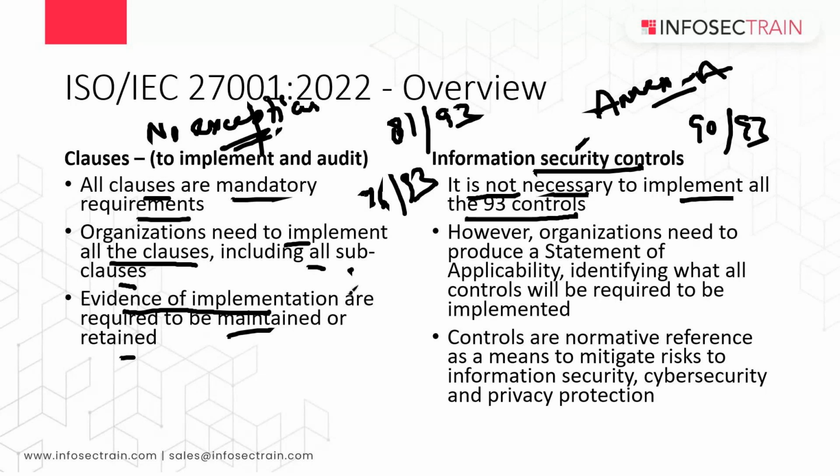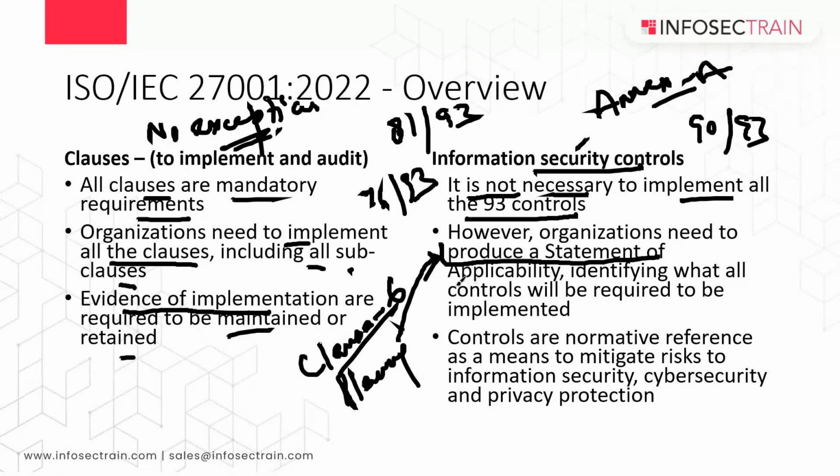What is required of the organizations in one of the clauses, clause 6, the clause for planning, is that the organization should produce a statement of applicability, commonly known as the SOA document.